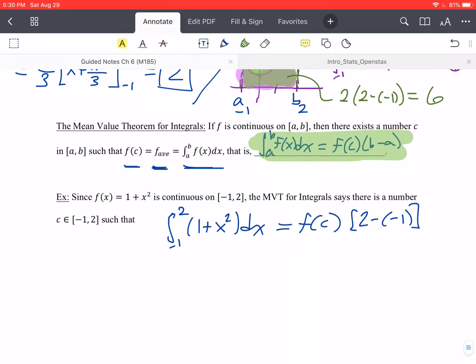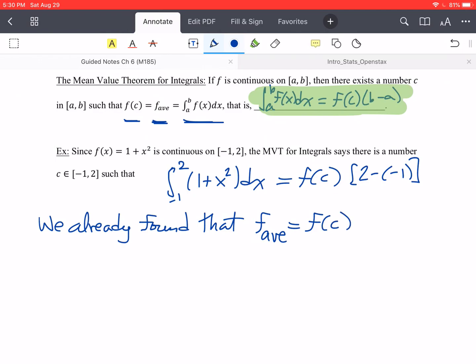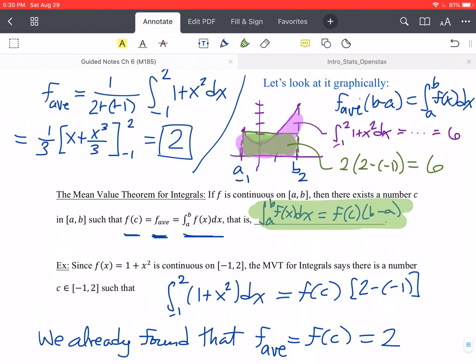Now, we've already done some of the work for this in the previous example, so we already found that average value, which is just f of c. We found the average value was 2. Again, that was just from this example up here.